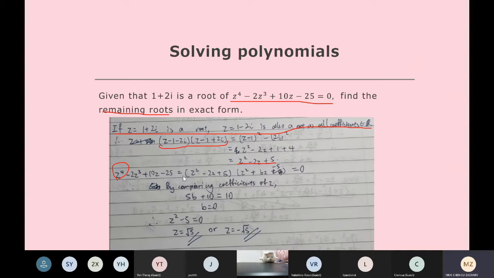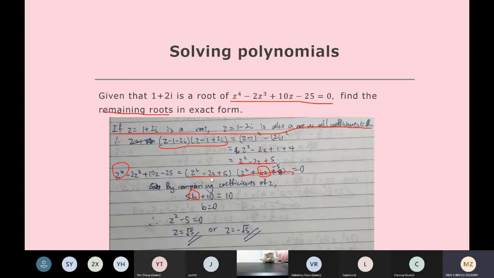So from here you can deduce that you can expand it into 2 different quadratic equations. So what you have now is I've written it out, z squared plus bz minus 5. So what I'm trying to do here now is to find the value of b.